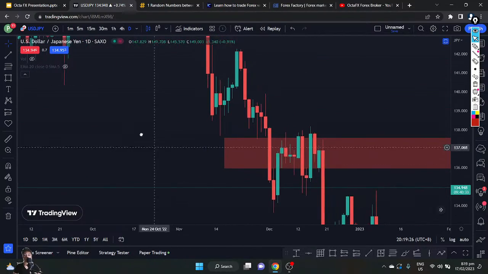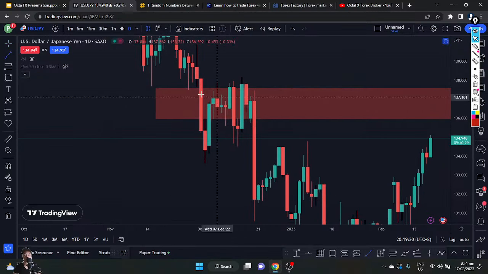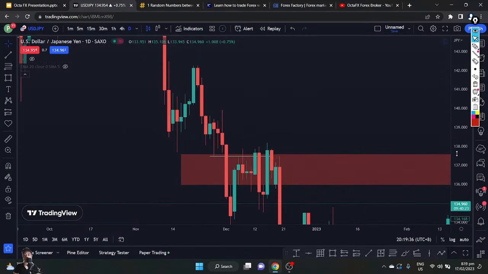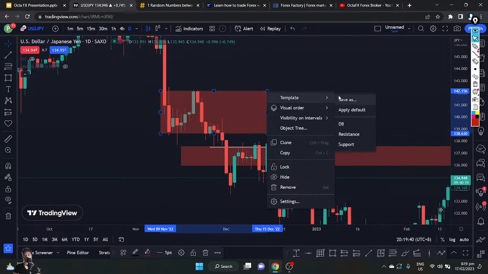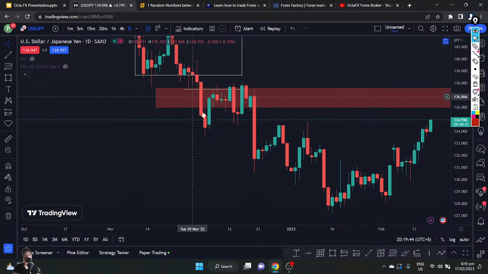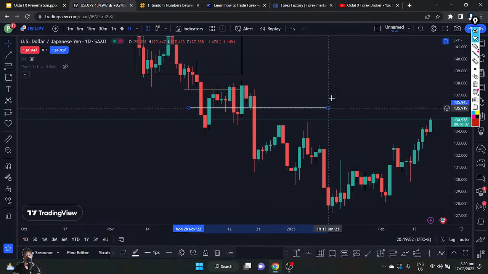Remember, for you to be able to locate the imbalance zone, it is the wick from this candle before the breakout. If you can see the pattern, this is a Darvas box. Before the breakout, we have this candle, then after the breakout, we have a candle right here. As we can see, their wicks have a gap like this.